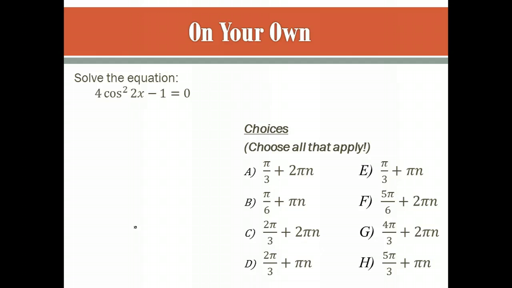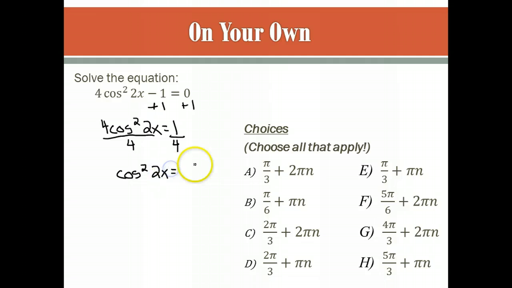So to solve this equation, I need to isolate the trig function first. So first I would add 1 to both sides. That would give me 4 cosine squared 2x is equal to 1. Then I would divide both sides by 4, which would give me cosine squared 2x is equal to 1/4.